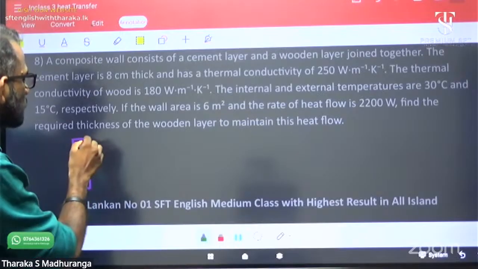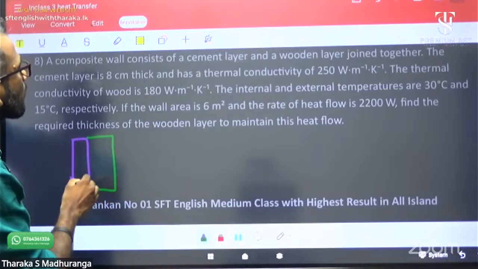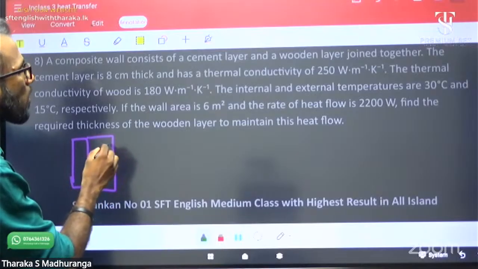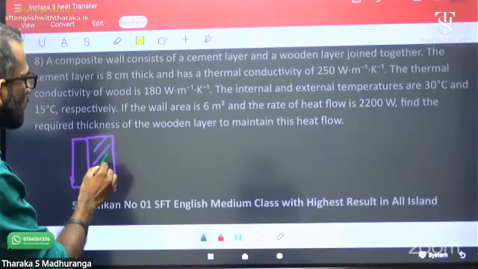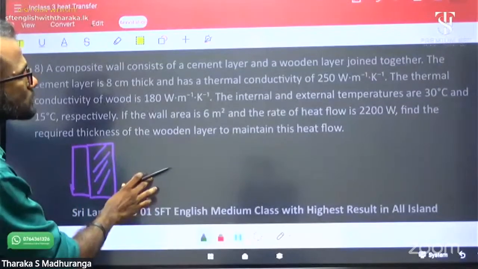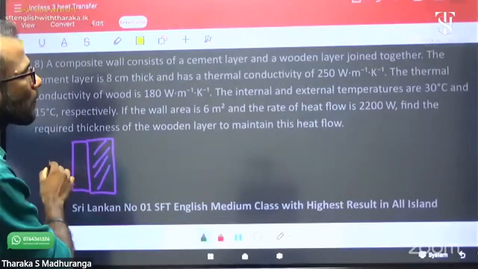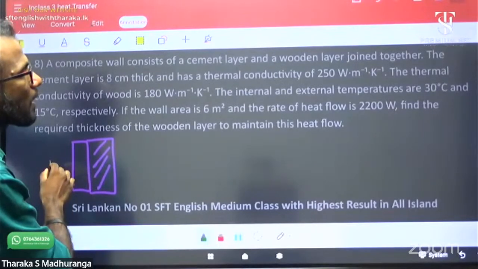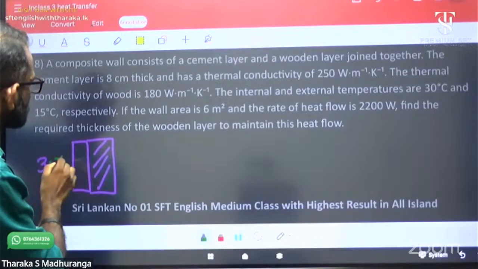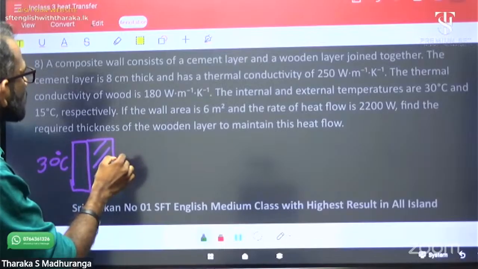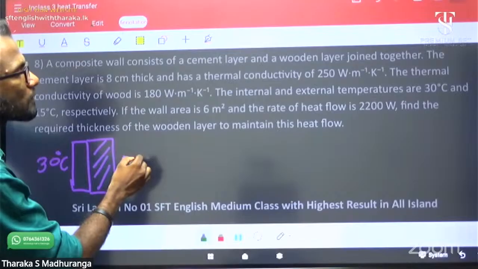Okay, think this is a wooden layer and a cement layer. Internally thirty Celsius, externally 15 Celsius.